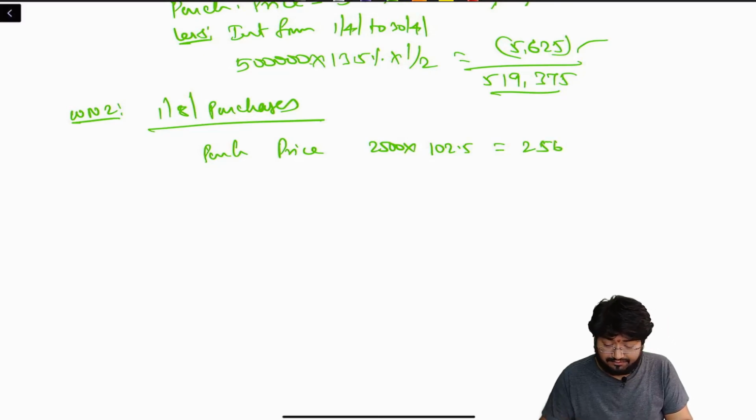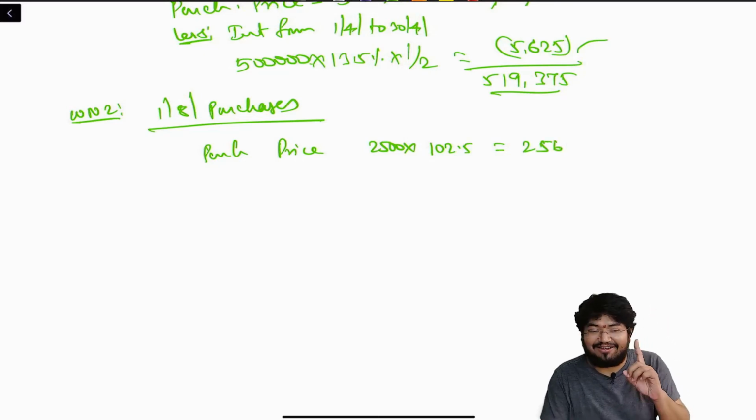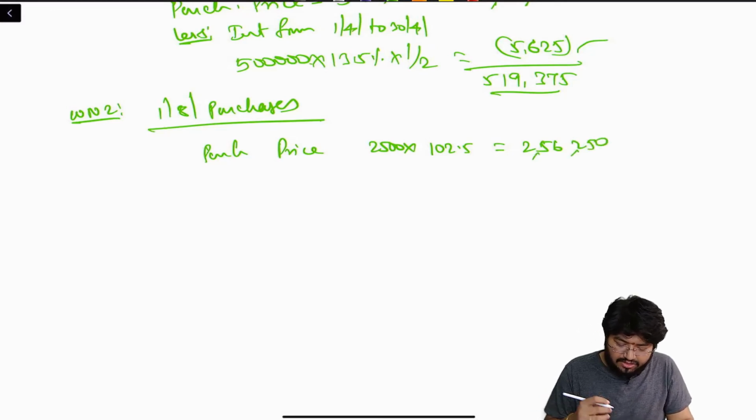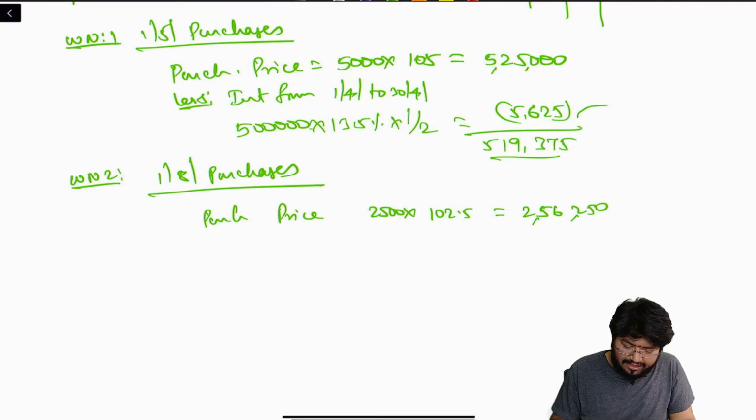Anyone, please don't mind, or else I'll calculate for myself. 2,500 into 102.5, 2,56,250. Thank you. So now I need to deduct interest.